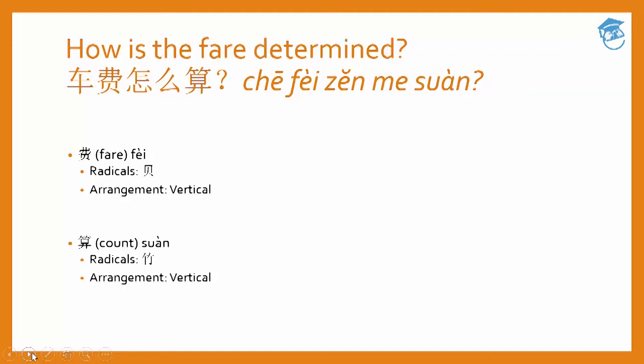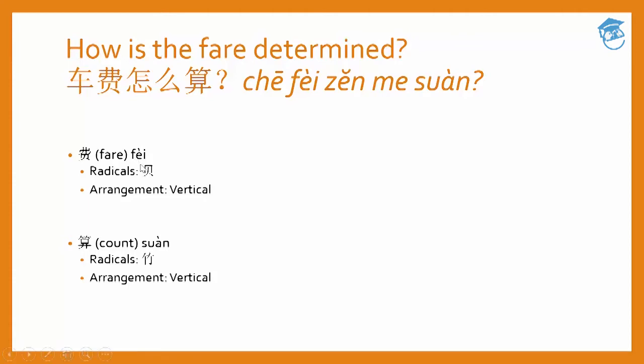So if you can remember, Jane asks, how is the fare determined? 车费怎么算? So the first new word is 费. 费 means fare, and of course when it's combined with other words it has different meanings, but in this context it means fare.